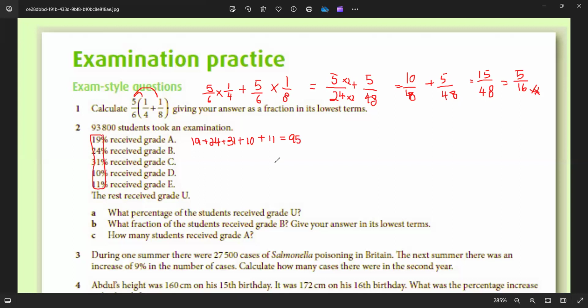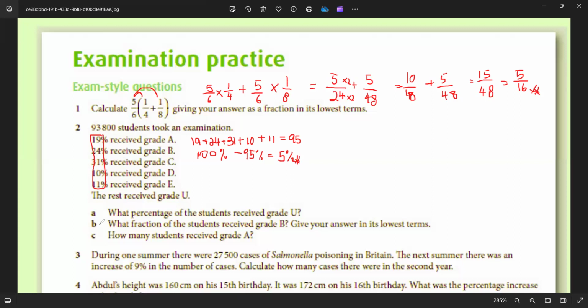And in the 100%, the rest, other than the 95%, is grade U. So we'll take 100% minus 95 and we'll get 5. So the percentage of students getting grade U is 5%.